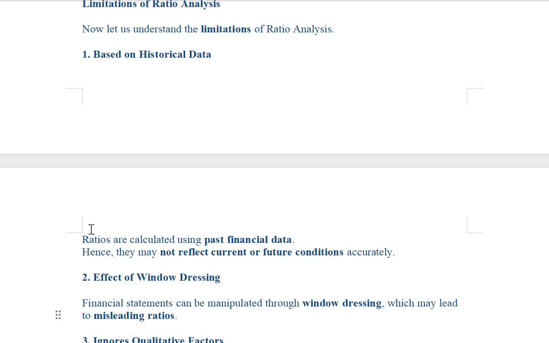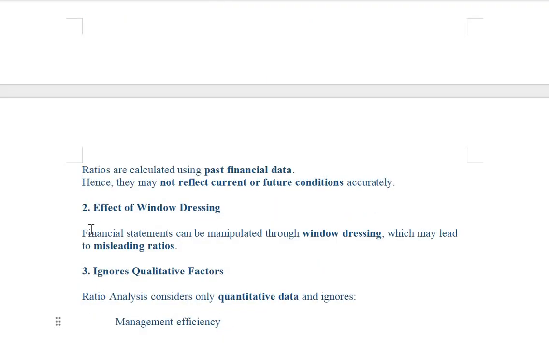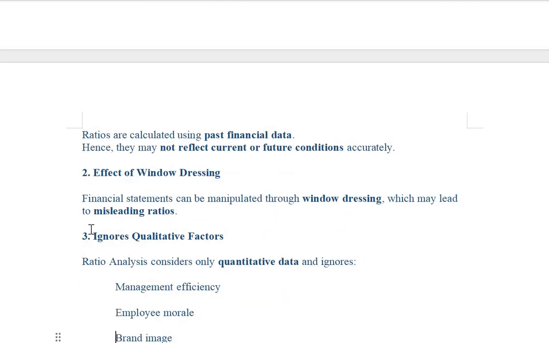That will not give a true or accurate picture of the future, because the scenario keeps changing. When you calculate the ratios of the past, based on that we identify one aspect as weak and another aspect as strong, and on that basis we take some action. If the current scenario has totally changed, whatever action we are taking will be a waste.